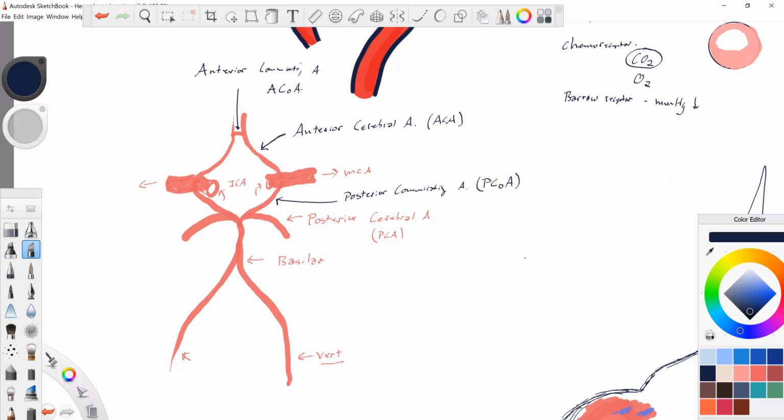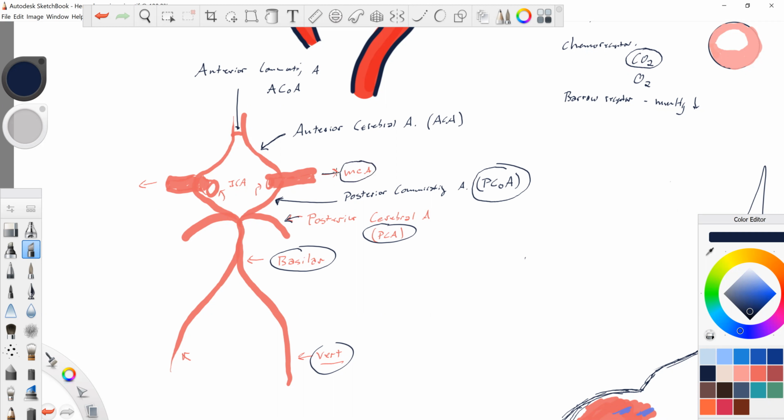Let's see, did I get them all? Vert, basilar, PCA, PCOA, that one, and then that one.